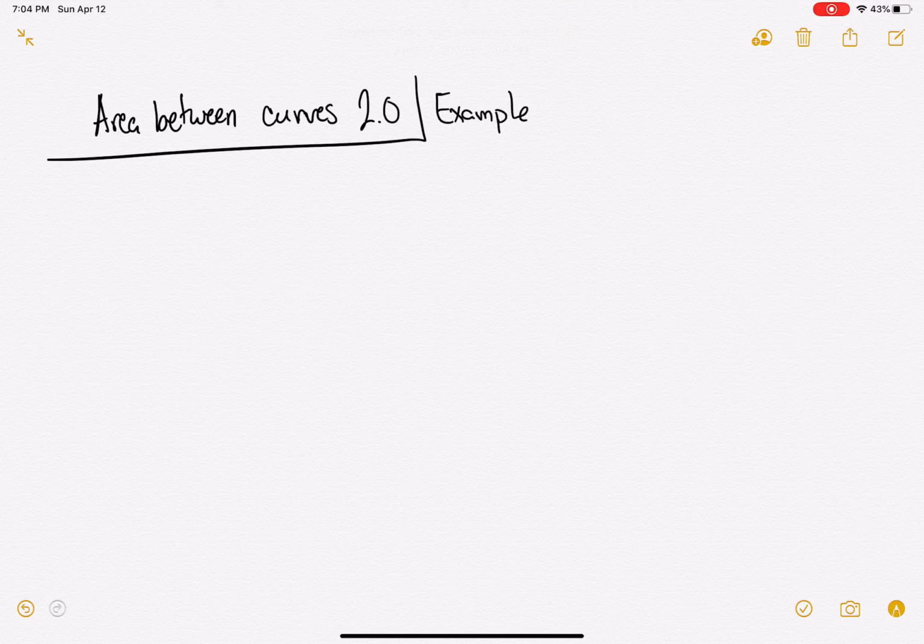Example. This is from the book. This is example 6. What a good number. Find the area of the region completely enclosed by the graphs of the functions.